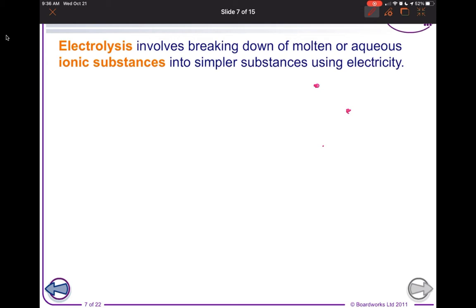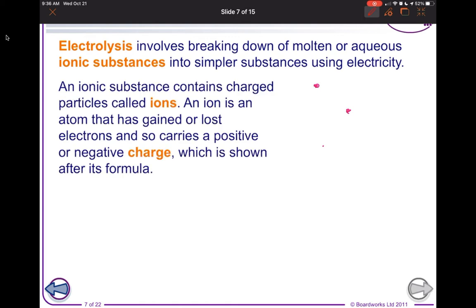Let's do just a very brief review over how we even get these ionic substances into simpler ones. Let's recall, ionic substances are made up of charged particles called ions. Remember what an ion is. You had to write this out at one time. An ion is an atom that has either gained or lost electrons.